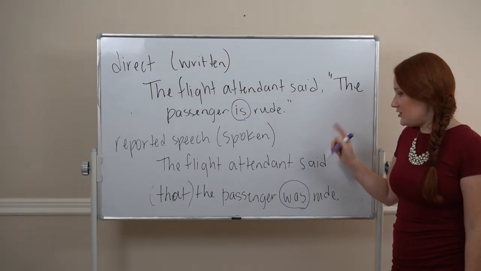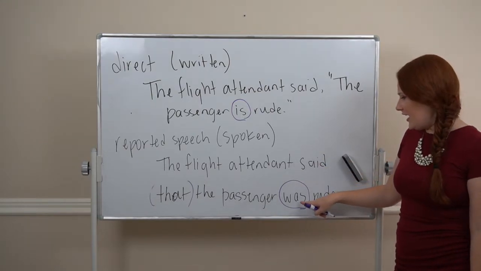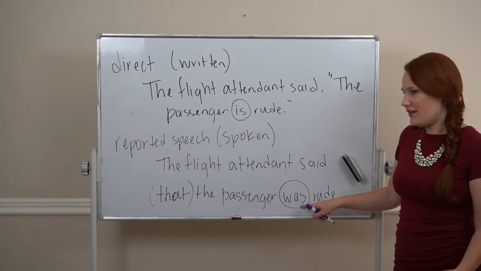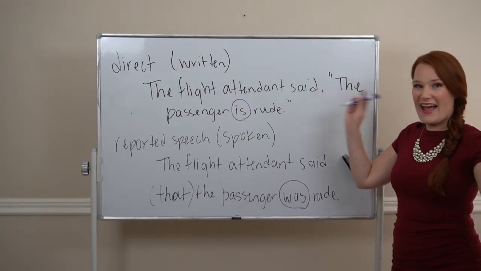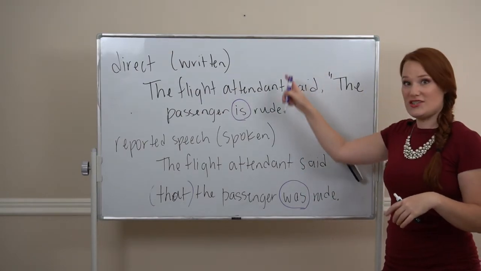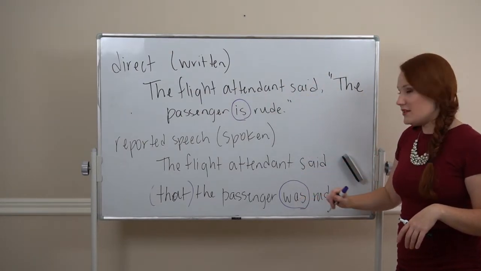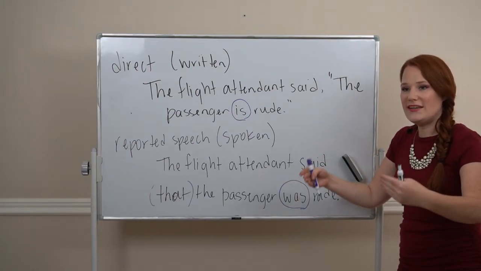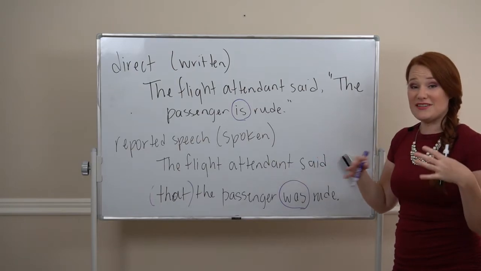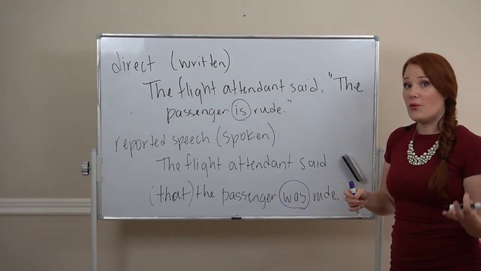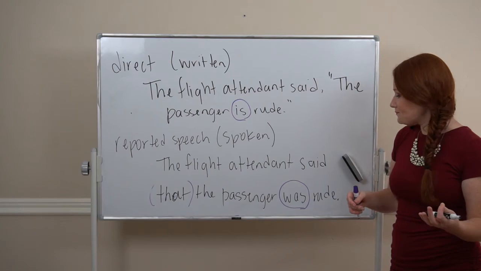So if I'm telling you what the flight attendant said, I don't want to use present tense. It's not the passenger is rude right now. It's back then when she said this. So we want to put our verbs kind of one tense back. And I'm going to show you some examples with different tenses and different verbs, what this will look like, okay?